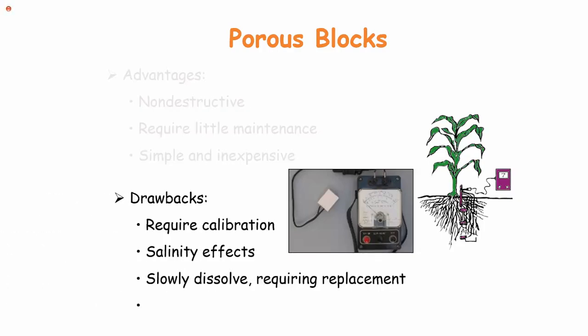The drawbacks or disadvantages: it requires calibration, and salinity can affect it, because when you dissolve salt in the water, the electrical conductivity will be influenced by the salt. If salinity is there, the conductivity or resistance is because of the salt, and that will interfere with the measurement of moisture.